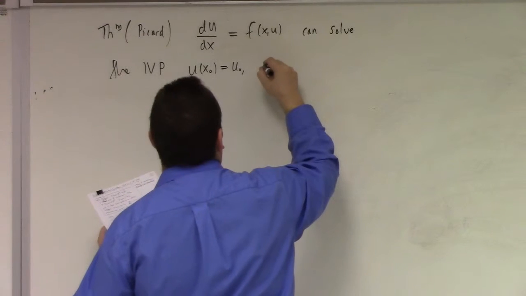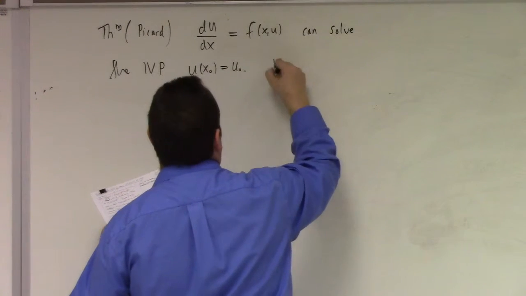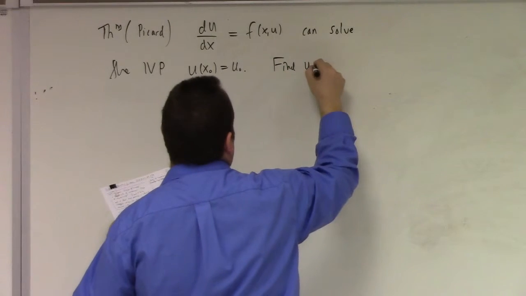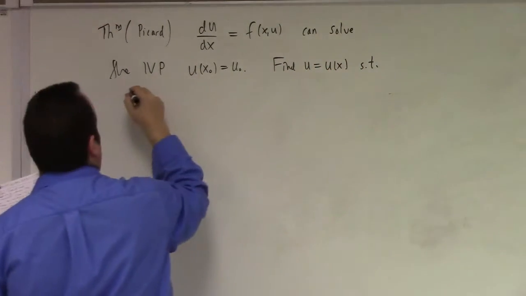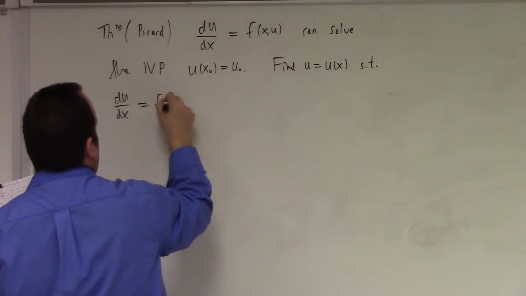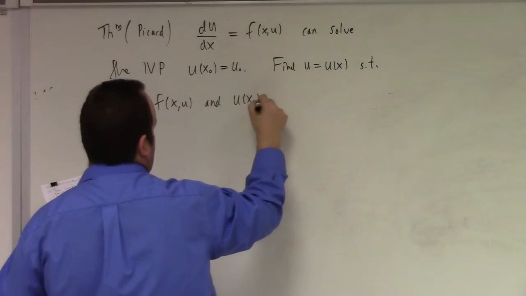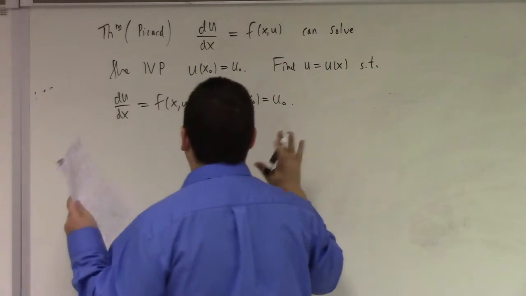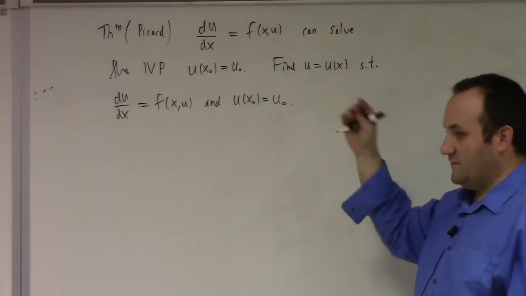In particular, what I mean by that is you can find u equals to u of x such that du dx is equal to f of x comma u, and u of x naught is equal to u naught. That's what I mean by solve the initial value problem. It's a solution to the differential equation, and it fits this initial condition.